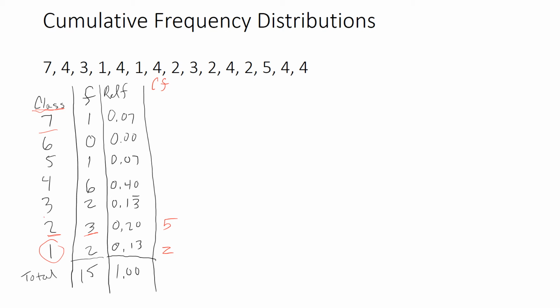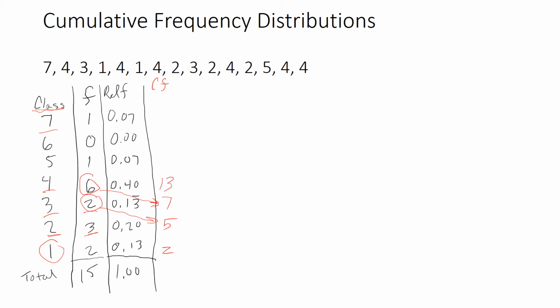For the class of 3, with a frequency of 2, well, 2 plus all lower ranked classes, which we already know is a 5, that would give us a cumulative frequency of 7. Then with the class of 4, with a frequency of 6, and for cumulative frequency, all lower ranked classes get added to that, which would be 7, we have a cumulative frequency of 13.